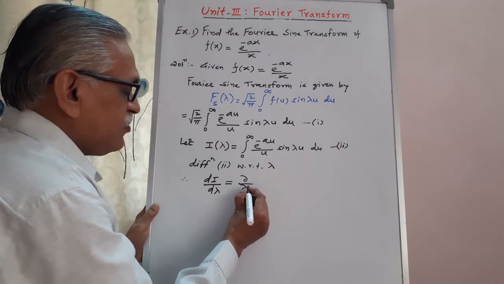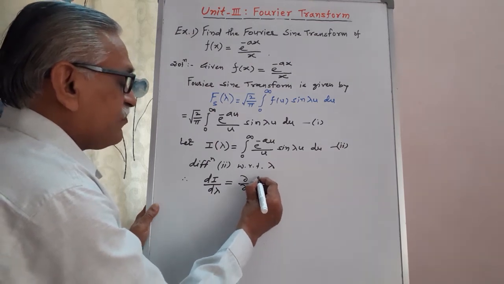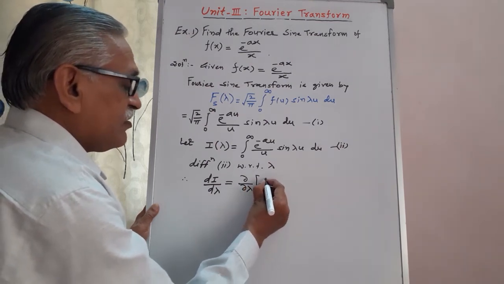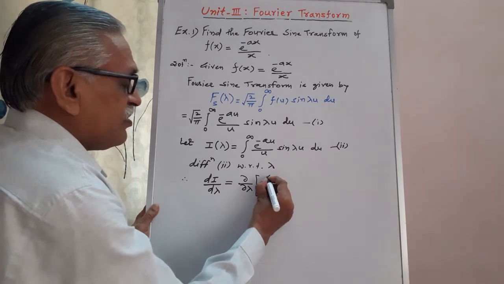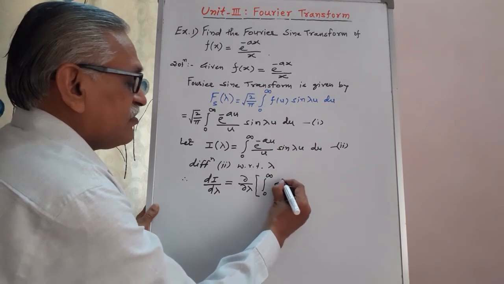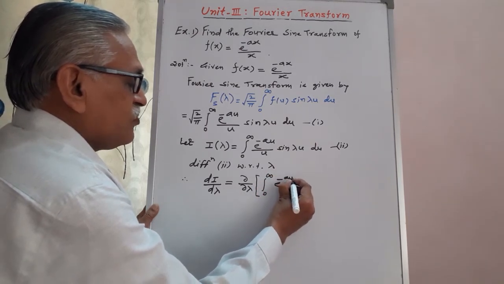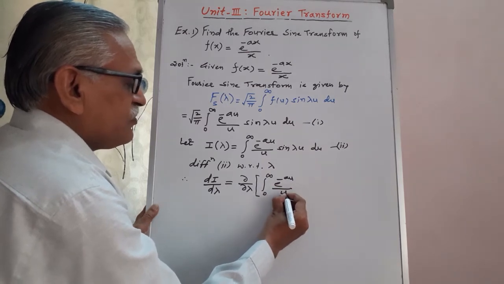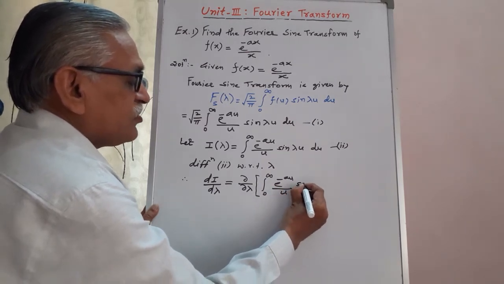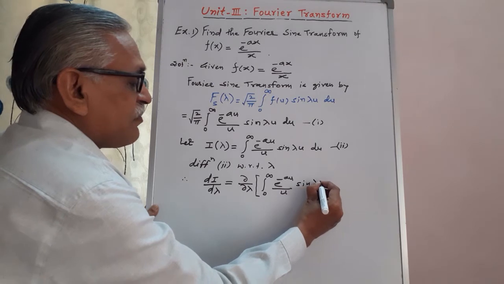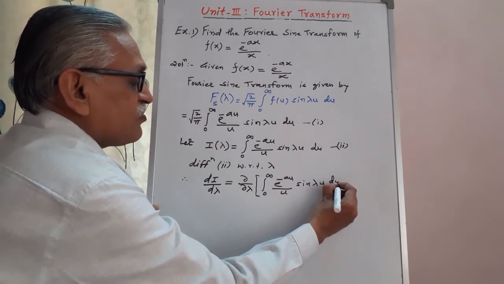Therefore dou by dou lambda of integration from 0 to infinity e raised to minus au by u into sine of lambda u du.